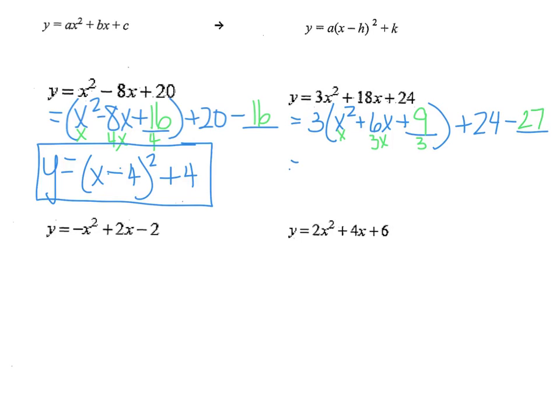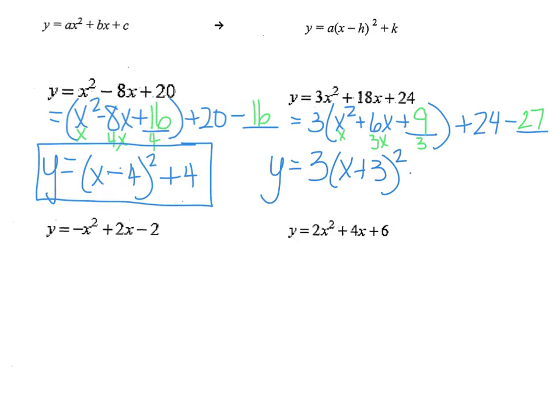And how does it factor? 3 drops down. x plus 3 factors. Positive 24 minus 27 on the end. y equals 3 drops down, x plus 3 is the factoring, squared of course.